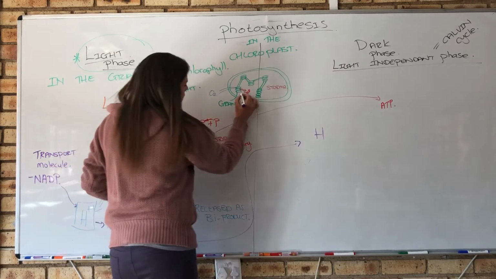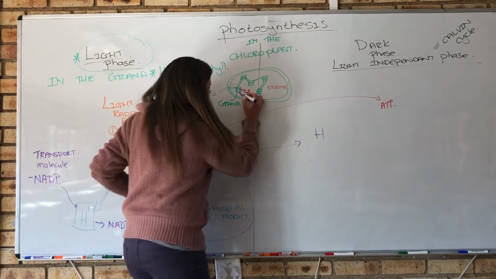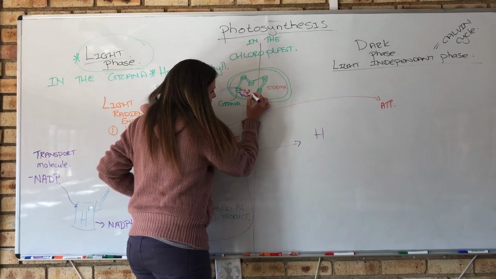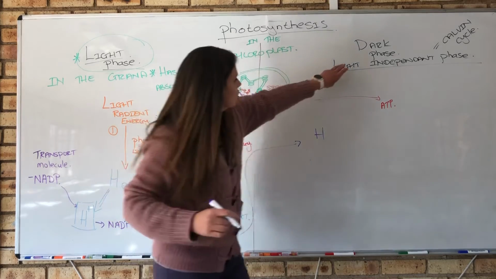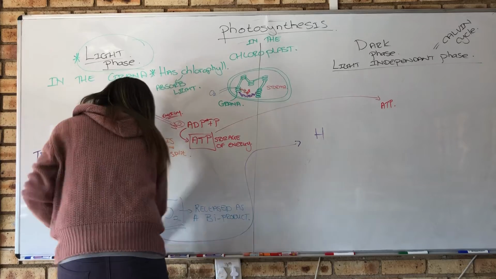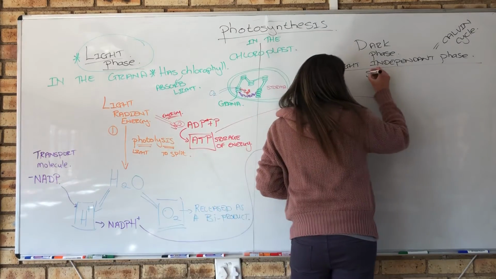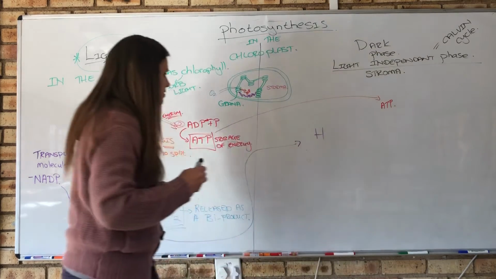So we are transporting our hydrogens out of the grana into the stroma by NADPH+, into the stroma. Because where is the dark phase happening? The dark phase is happening in the stroma. Okay, in the stroma.